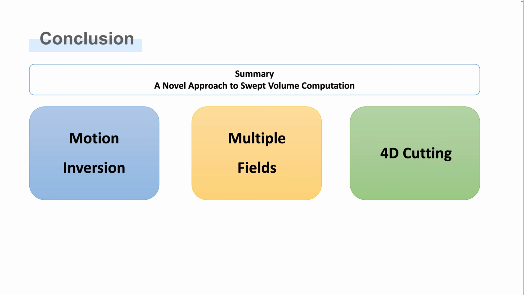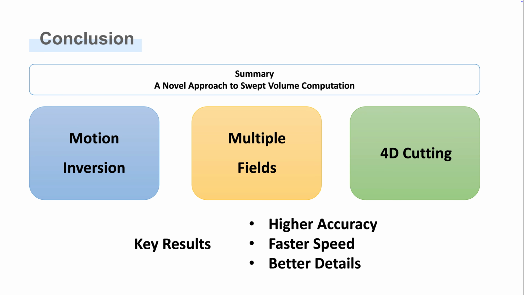By computing the lower envelope in 4D space, we achieved robust surface extraction from multiple fields. These contributions translate into concrete benefits: higher accuracy with lower chamfer and Hausdorff distances, faster computation, and better detail preservation with no artifacts and sharp features maintained.